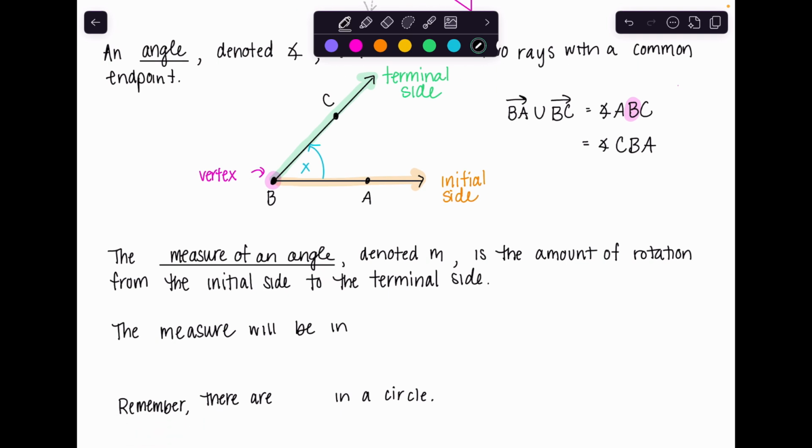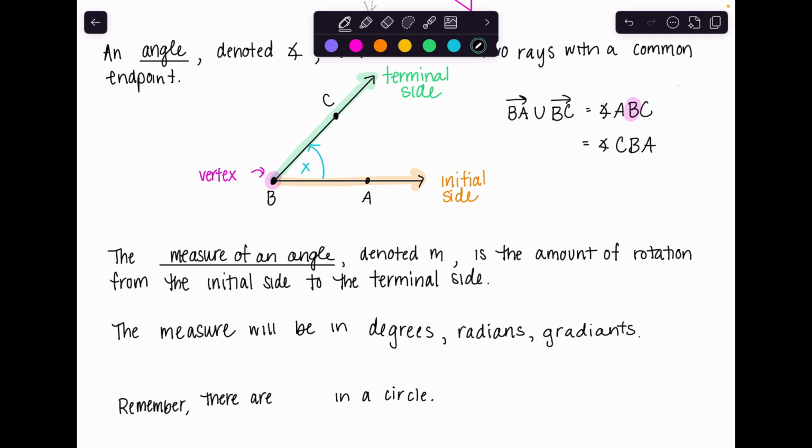And there are ultimately 3 different ways you can measure that. The most common way is degrees, so the degree of rotation to get from one side to the other. The second is radians, which is in terms of pi. And then the last measurement is in gradients.